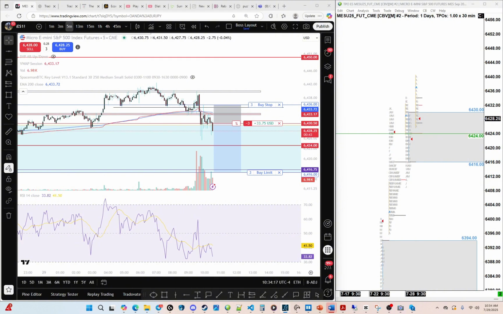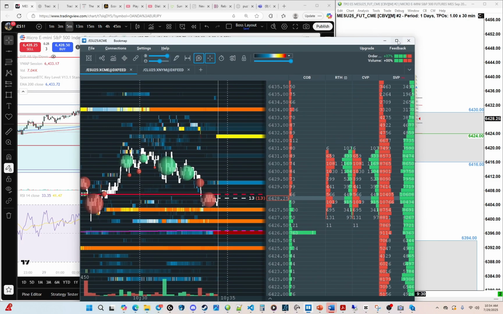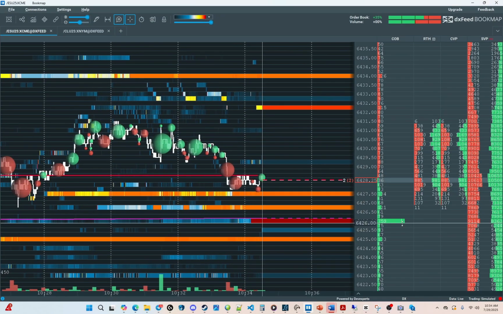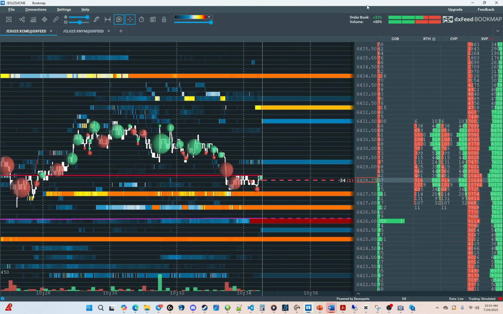Wow, we got a big buyer at 64.26. Wow, 700 orders here. I'll show y'all this. Y'all see that? That's a big buyer here. So if Marcus gets to 64.26, I'm going to be watching very closely to see what happens.